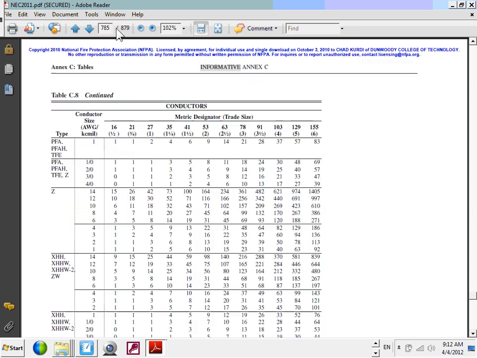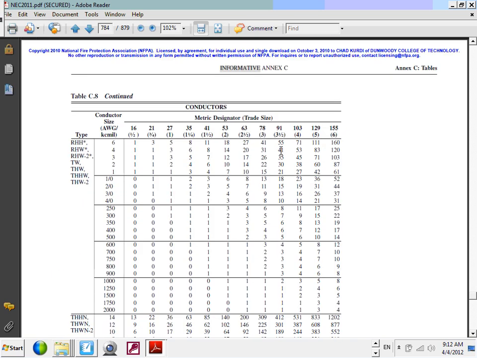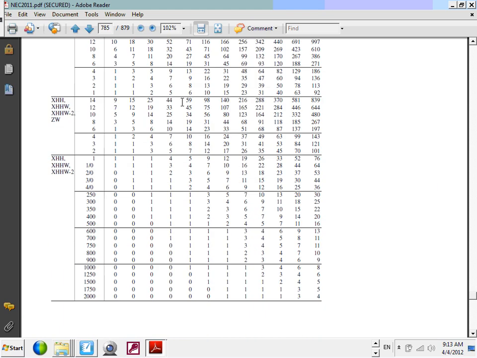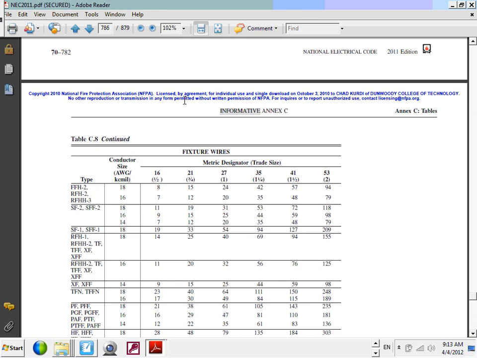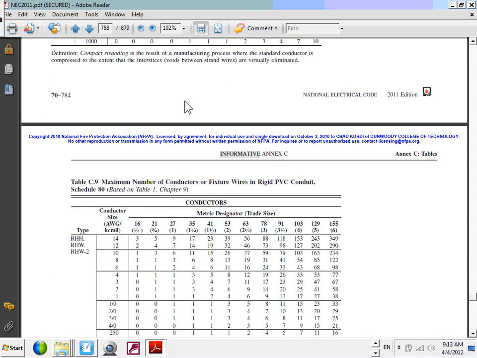Let's go directly to the page. This is the metric designator table, continued: maximum number of conductors. That's not it. Well, it's different than mine. Okay, we're going into Annex C. Which C is that? C9.